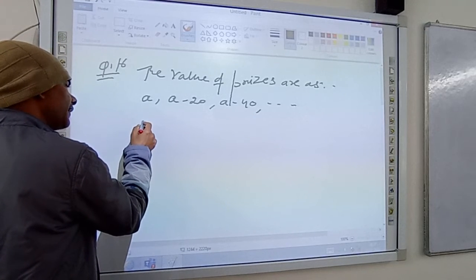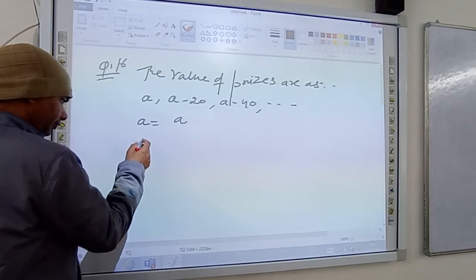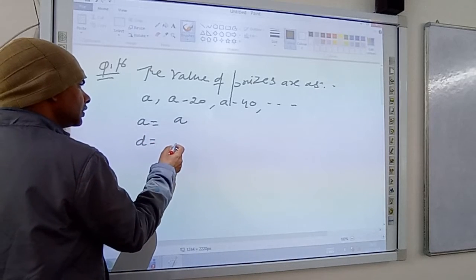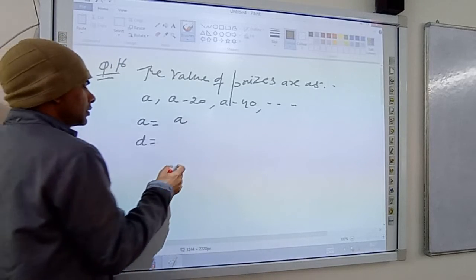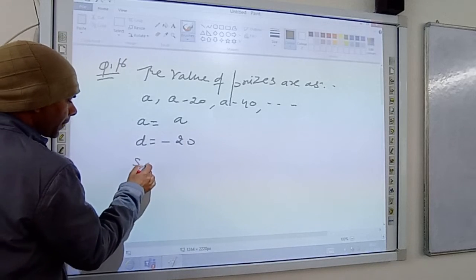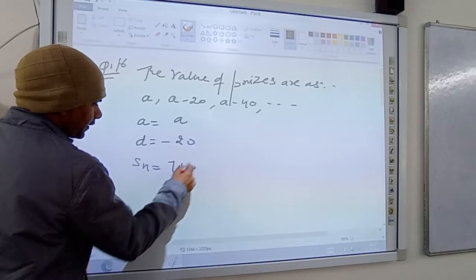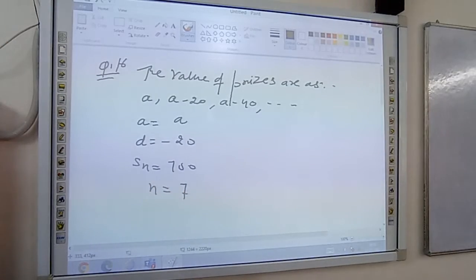a is the first prize, d is minus 20. Sn is 700. n is 7 cash prizes.